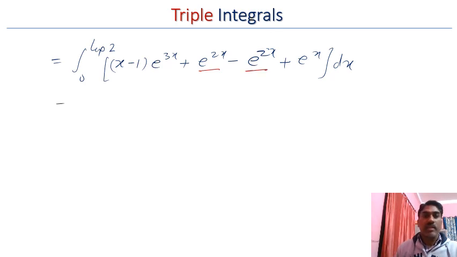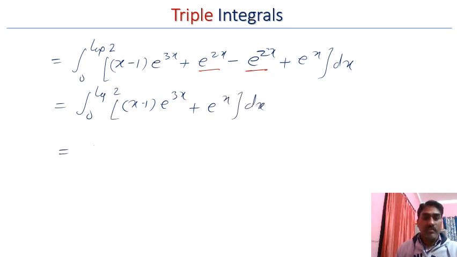The remaining is 0 to log 2 of x minus 1 e to the power 3x plus e to the power x. Now you can easily integrate it, and the answer is x minus 1 by 3 minus 1 by 9, and the whole e to the power 3x plus e to the power x.